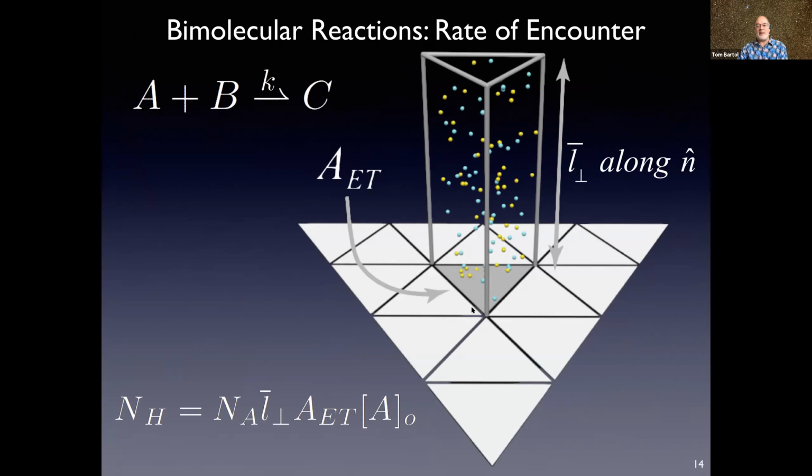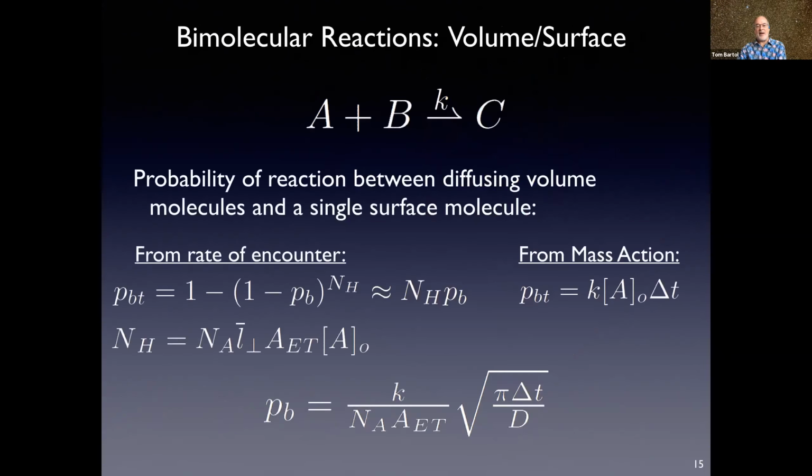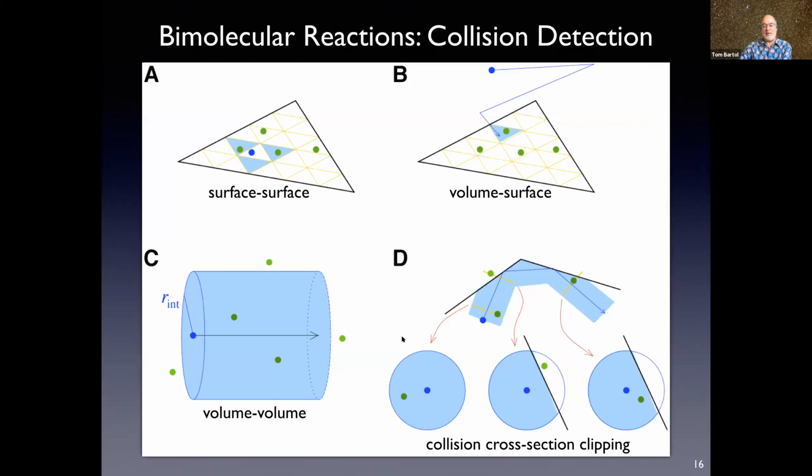And because we've done barycentric subdivision on each triangle, all the effector tiles are the same size on each triangle. But in the volumetric case, we're sweeping out these interaction radii and sweeping out these cylinders.